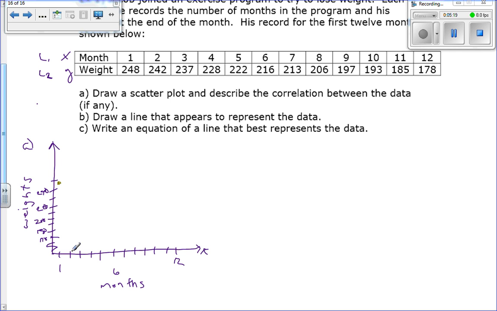Month 2, we're at 242. Month 3, we're at 237. Month 4, we're at 228. And then month 5, we're at 222.